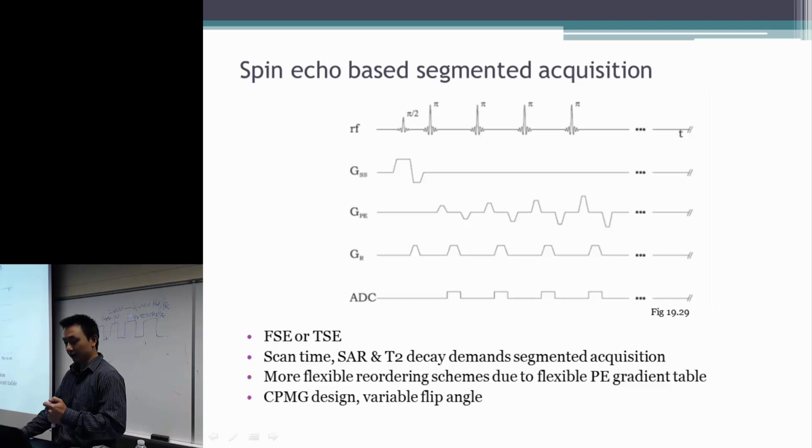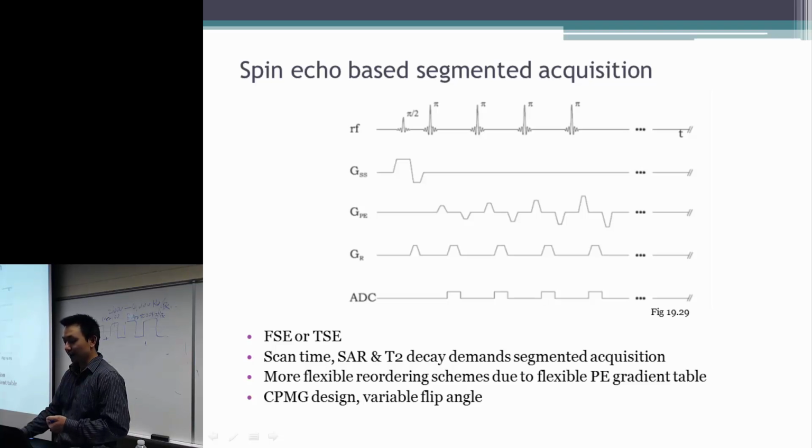Okay, so the last part, we can take a look at spin echo based segmented acquisition. So it's very similar, just also a multi-echo spin echo sequence. Usually we call this fast spin echo or turbo spin echo. So all those segmented schemes that we mentioned before are also applicable to the spin echo. The concern of this one is usually when we do the spin echo experiment, we want to get good T2 weighting and limited T1 weighting.